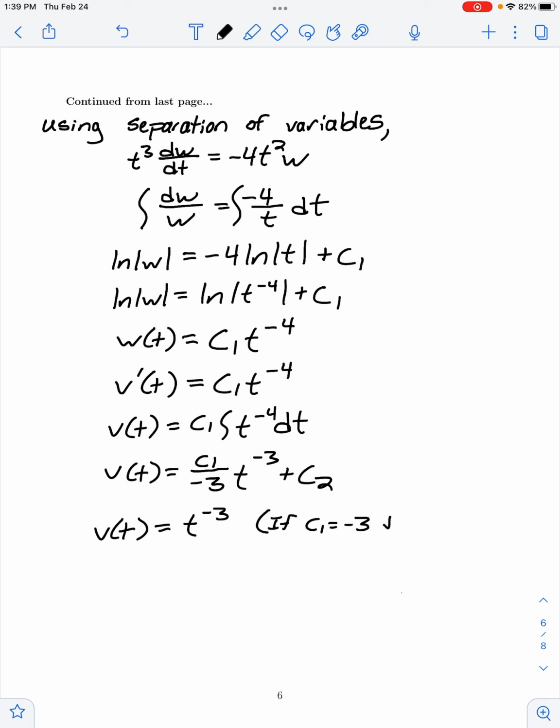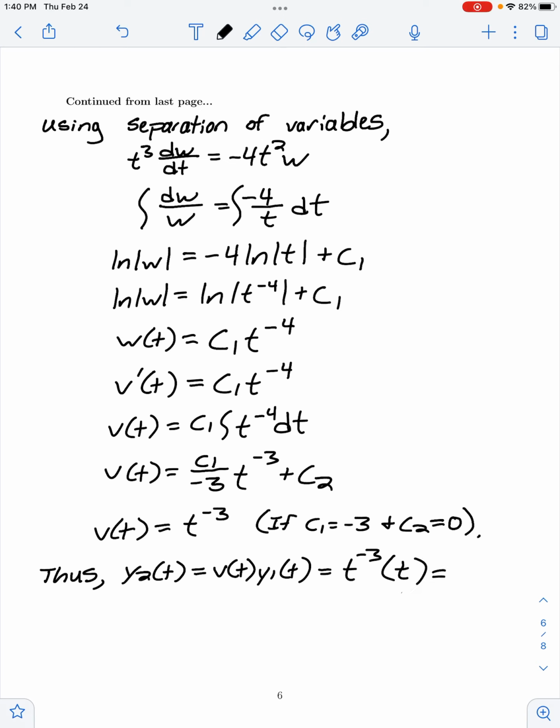So if I consider the constants c1 equals negative 3 and c2 equals 0, I find that v of t would be t to the negative third. And therefore, my second solution, y2 of t, which was defined as v of t times y1, gives me t to the negative third power, which I just found for v of t, times y1, which was just t, and that leaves me t to the negative 2.